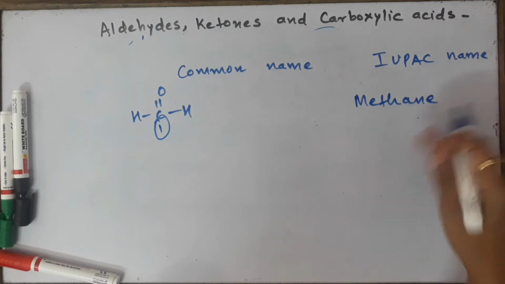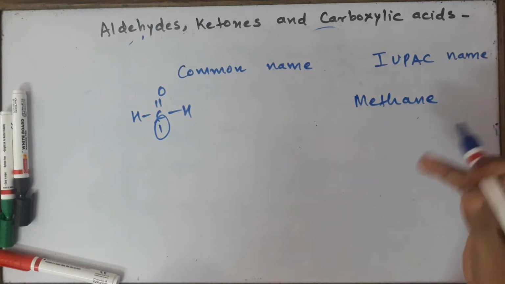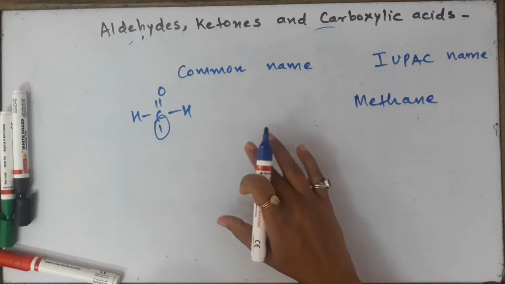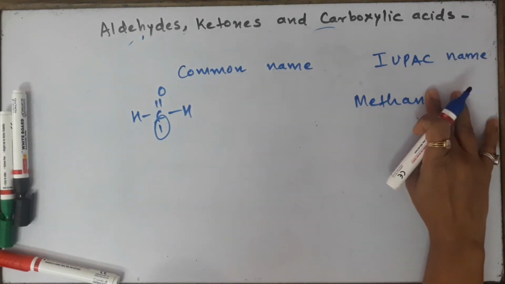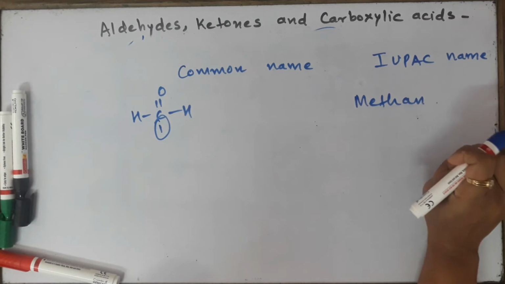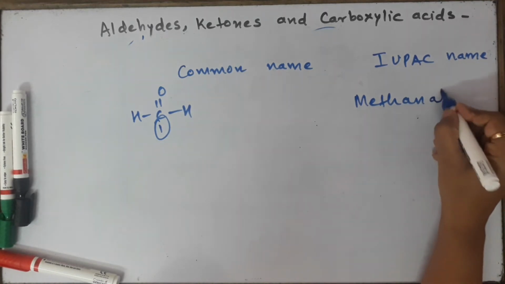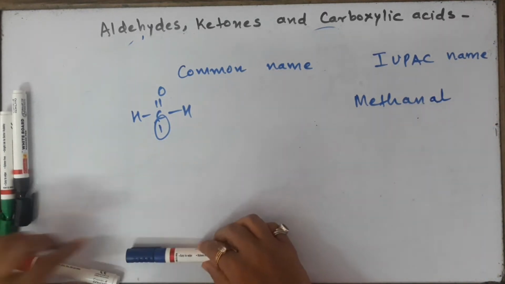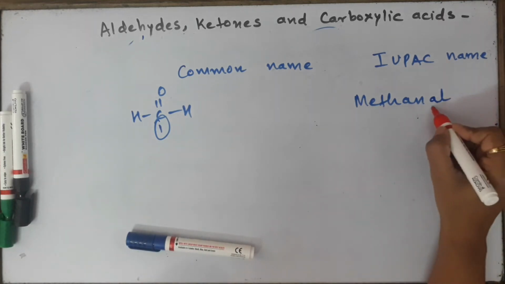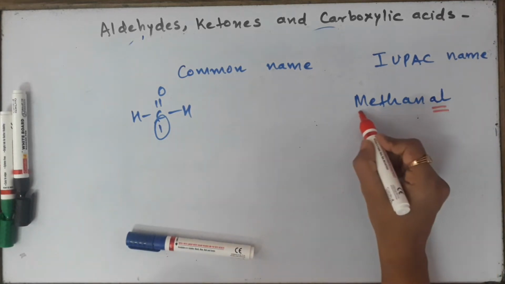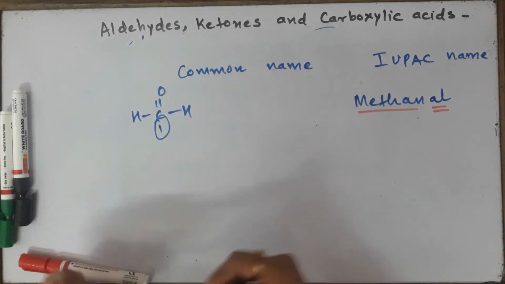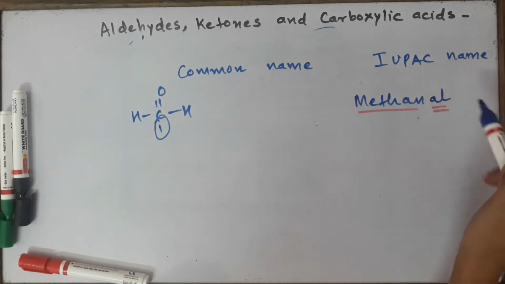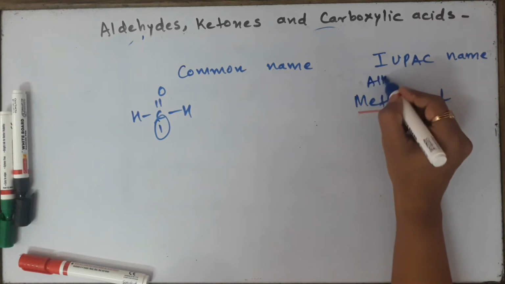So we'll call it the product obtained from methane by doing some reaction on it. We just write methane, knock out the E and write al. So al is going to be my suffix in the IUPAC name. This is my root word and this is my suffix. So remember this point. This is how we form alkanal.